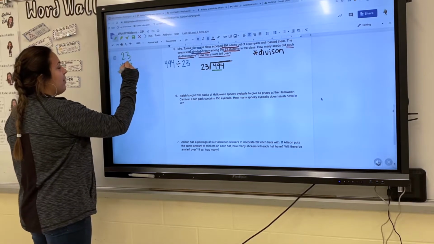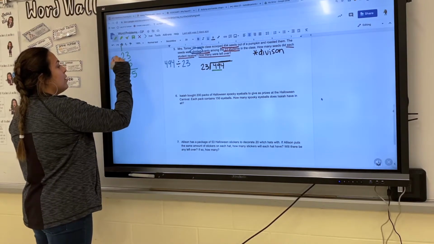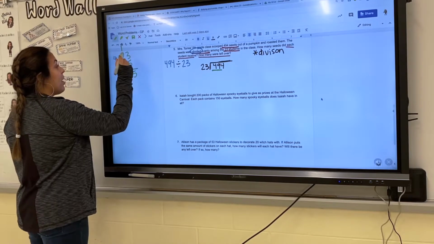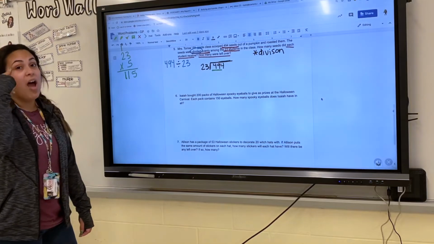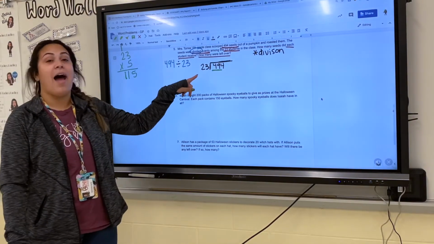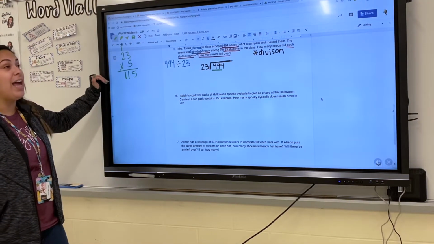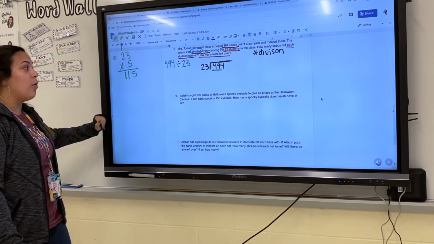3 times 5 is 15. Put my 5, carry my 1. 2 times 5 is 10. 10 plus 1 is 11. Woo! 115 is a lot higher than 49. So 5 and higher would definitely not work. So I need to go lower.